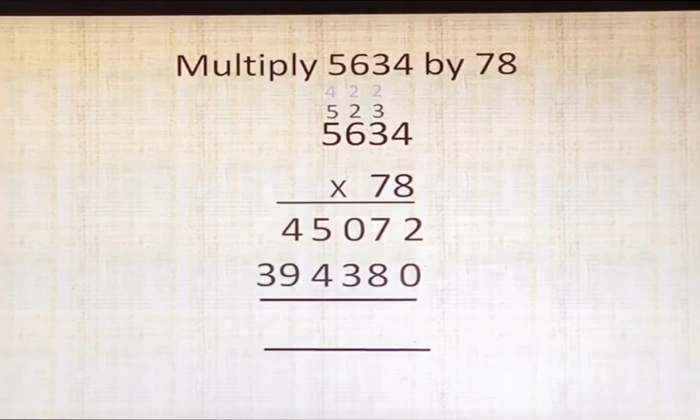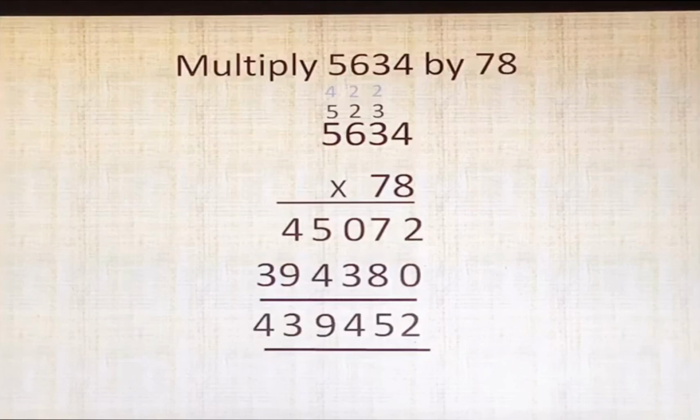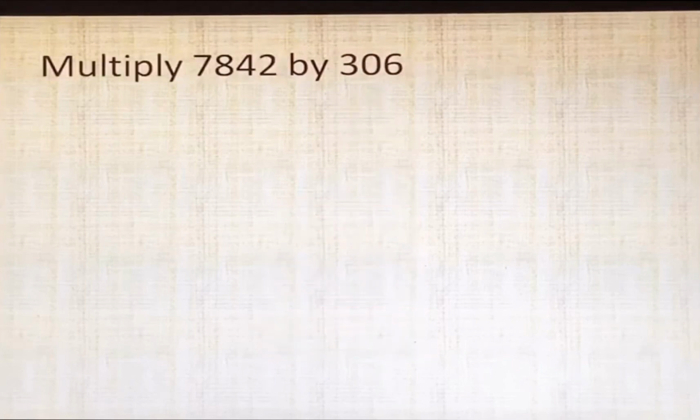Then 7 5s are 35, 35 plus 4 is 39. So the answer will be 439452.